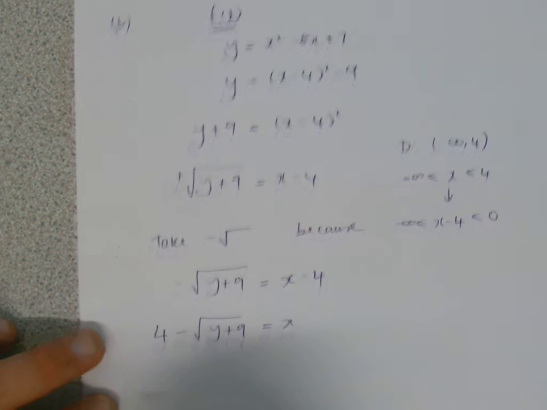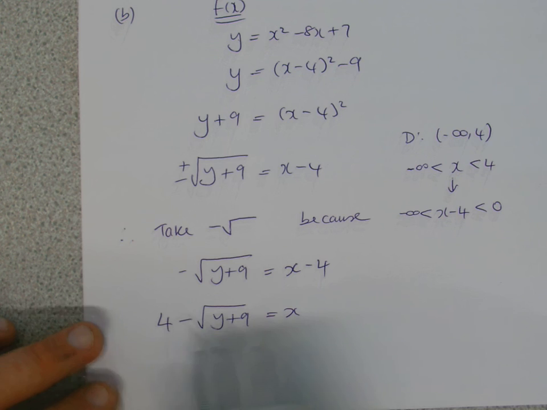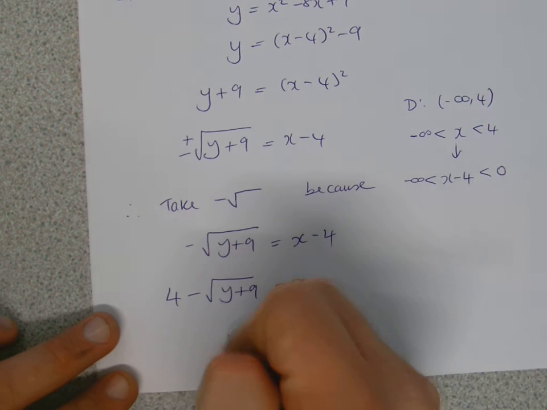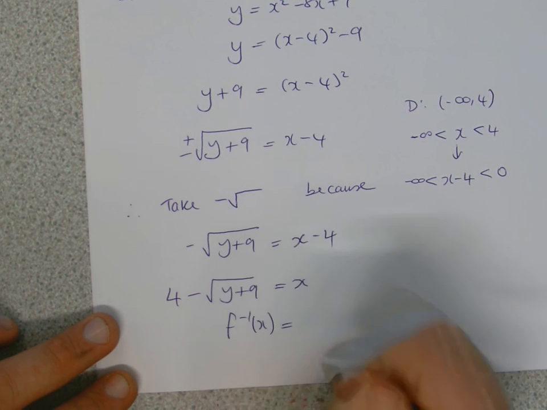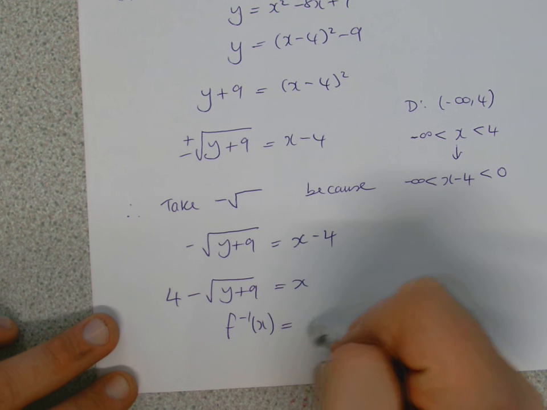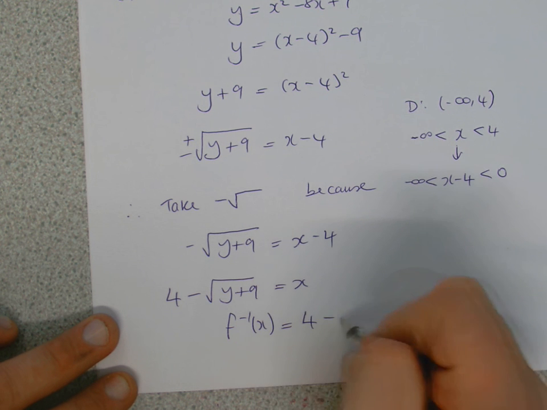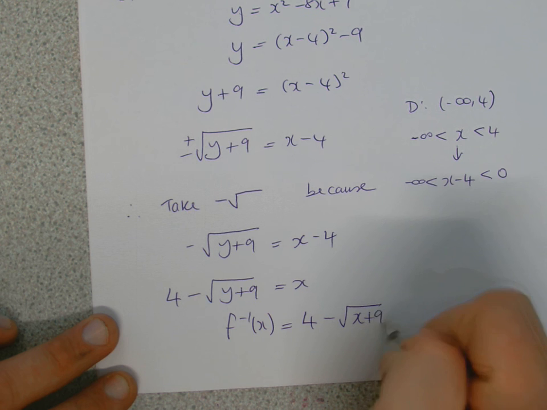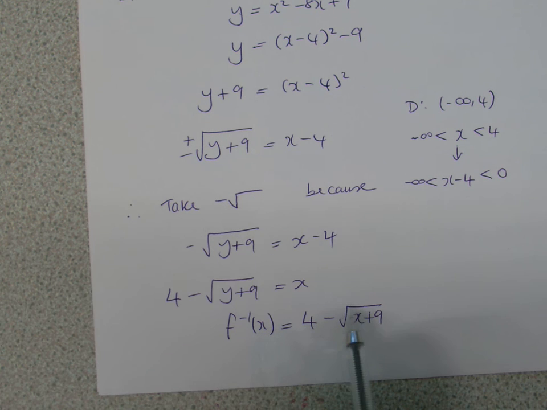And there's your answer. You've got x in terms of y, but don't forget you need to write it as a proper function, the inverse function. f to the minus 1 of x will be 4 minus the square root, in terms of x now, as a proper function in its own right. So we change all the letters to x, and we've got our answer.